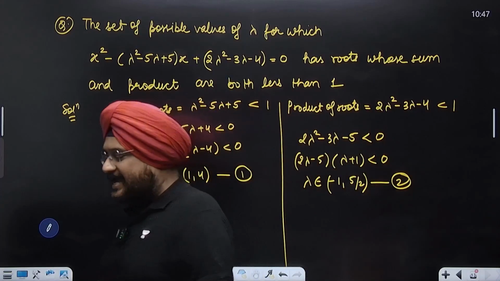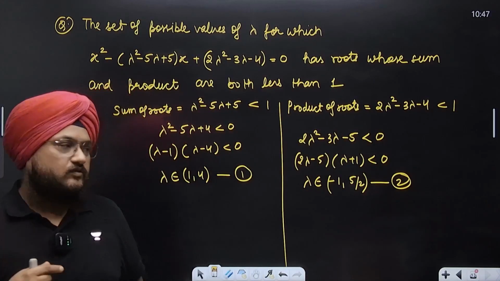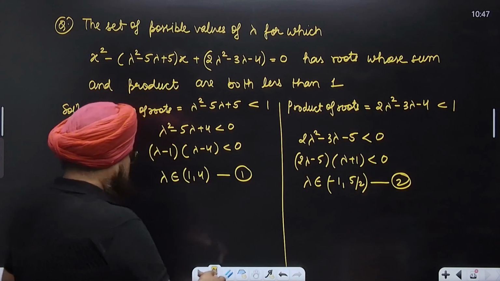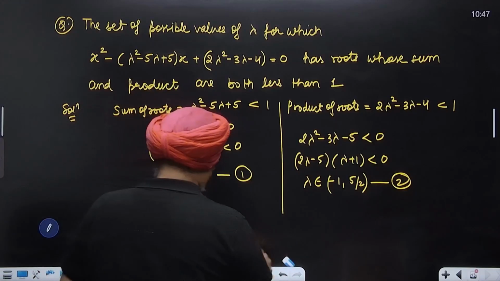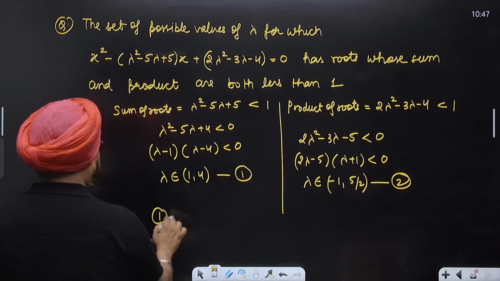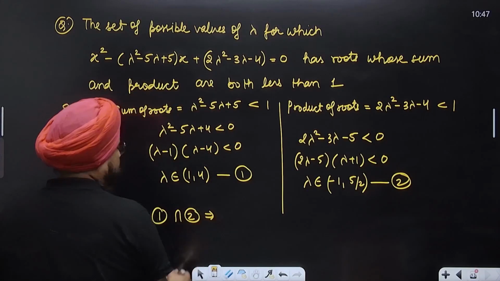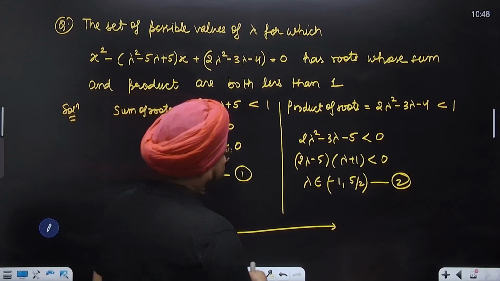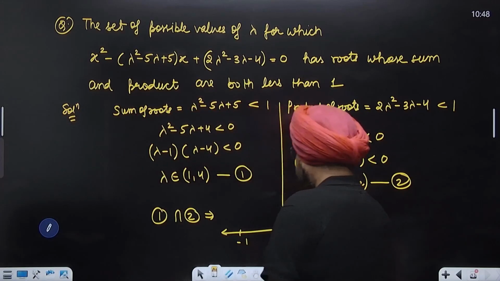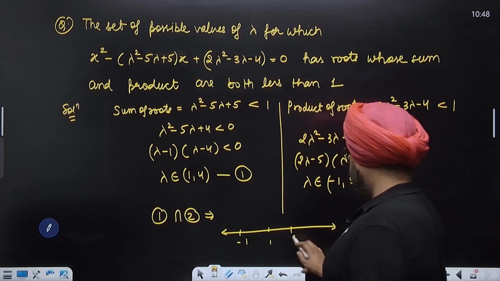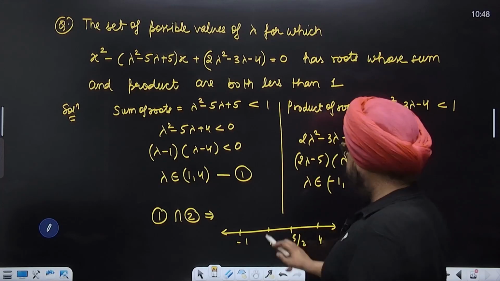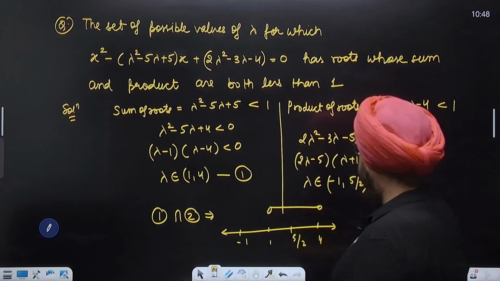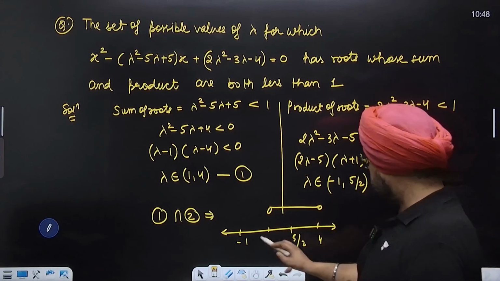So we have to find the lambda for which both are less than 1. So we will have to take the intersection of these two inequalities. We can either write it directly or use the number line. According to the first inequality, lambda is from 1 to 4.